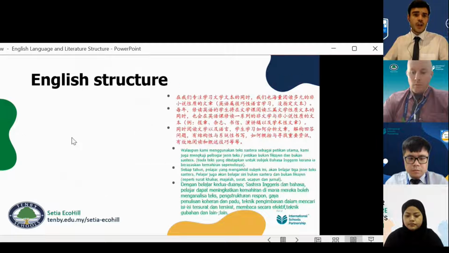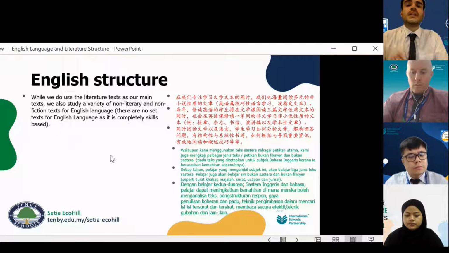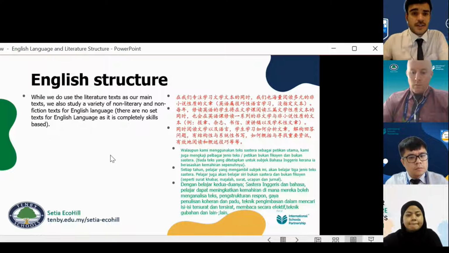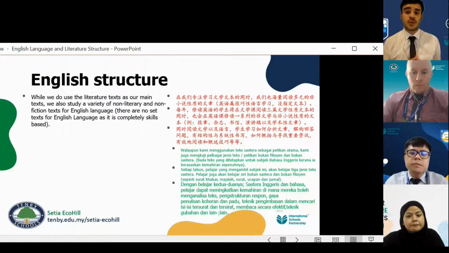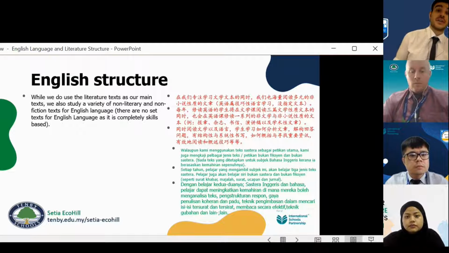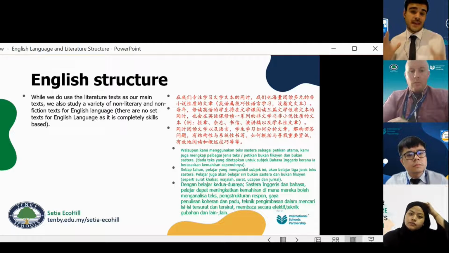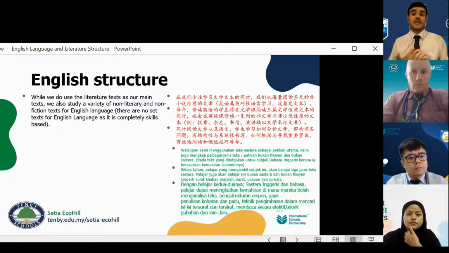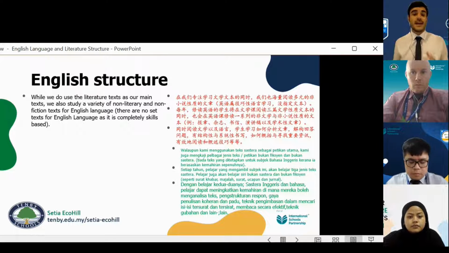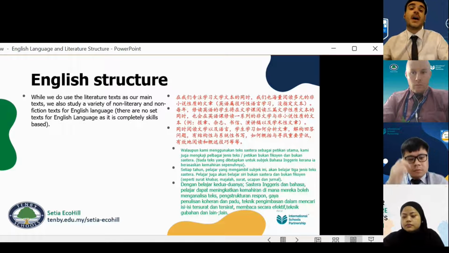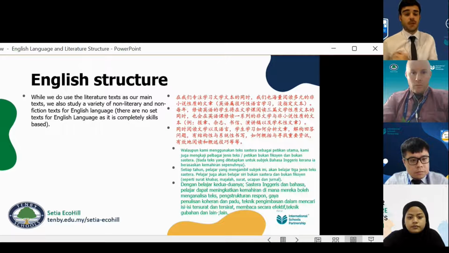While we do use literature texts as our main texts, we also study a variety of non-literary and non-fiction texts. This is for the English language course. There are no set texts for English language. It's completely skills-based. All of the texts in the exam are unseen, so they've never seen them before.